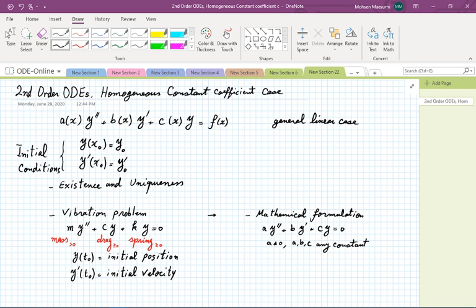To the extent that you can guarantee all those conditions, you will have existence and uniqueness. But we are not going to focus on that type of theoretical issue.